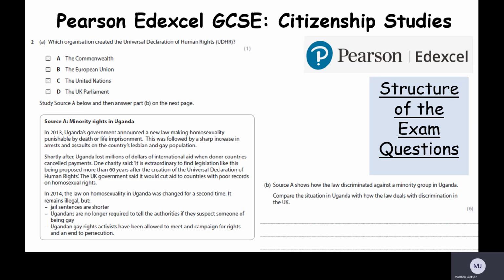Compare the situation in Uganda and how the law deals with discrimination in the UK. So you'd have to compare the situation in Uganda at that point, and then compare it to what would happen if that tried to happen in the UK. What's the differences? And within that one, because it's 6 marks, they need to put 3 developed points.